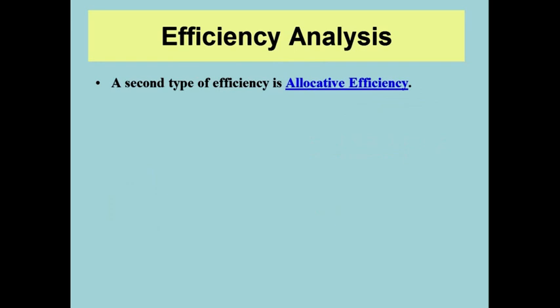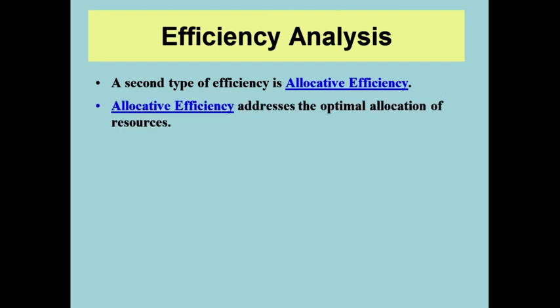A second type of efficiency that we look at is called allocative efficiency. Now, this is not hard, but it's a little bit harder to get your brain around. When we think of allocative efficiency, we're talking about addressing the optimal allocation of resources. So this is about allocation of resources, and we want them to be optimal.